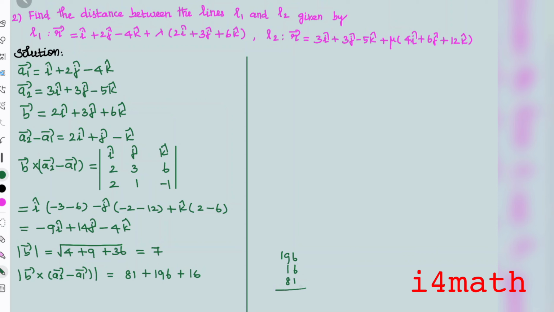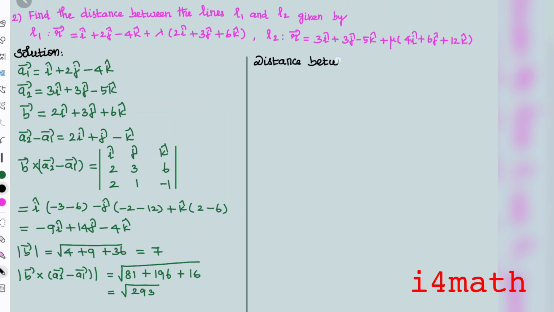Let us add these three values: 196 plus 16 plus 81, that is 293. So square root of 293 is the magnitude of b vector cross a2 vector minus a1 vector.